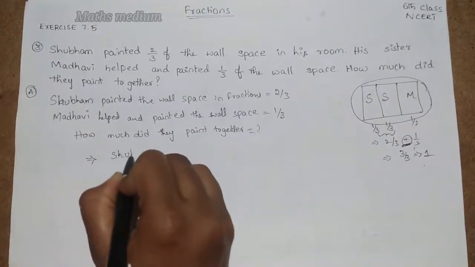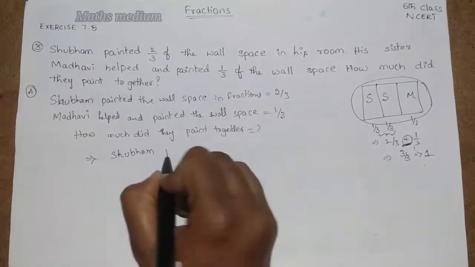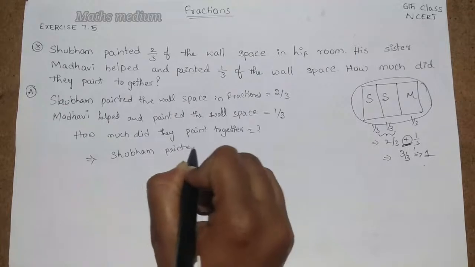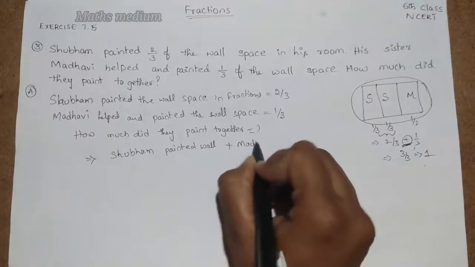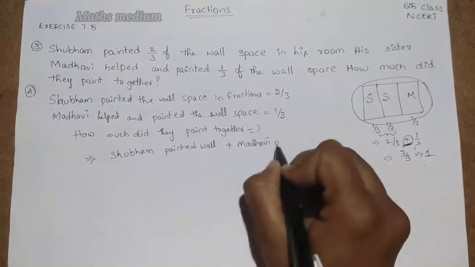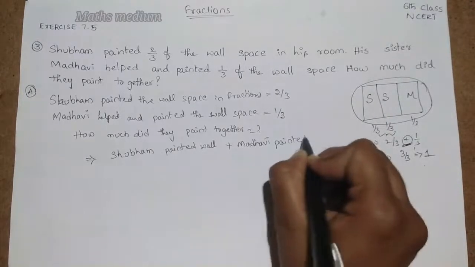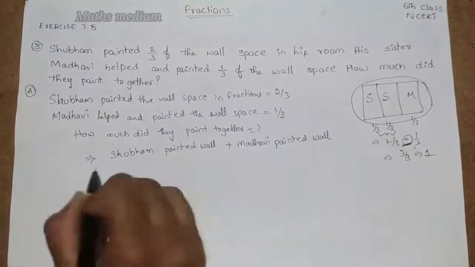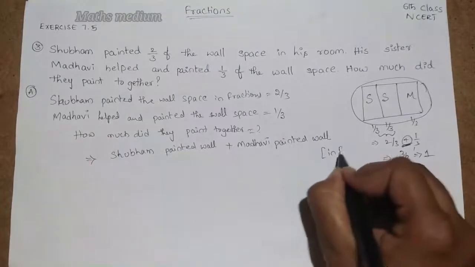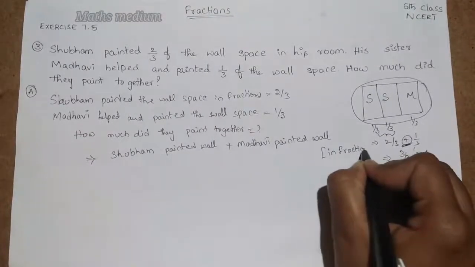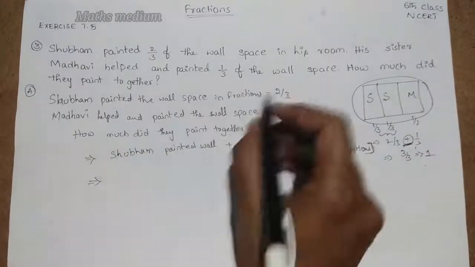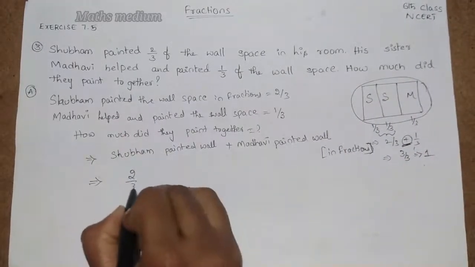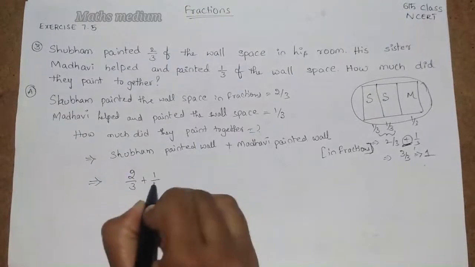Shubham painted wall plus Madhavi painted wall, in fractions. So I am writing in brackets also, in fractions. So here Shubham painted 2 by 3 of the wall and Madhavi painted 1 by 3 of the wall.